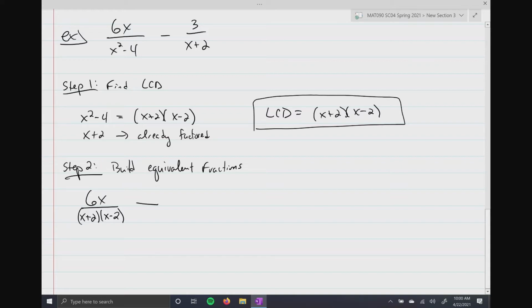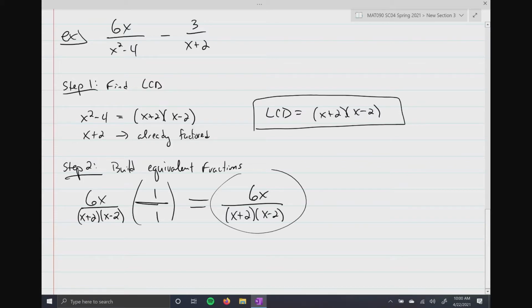Now, I need to multiply this by something so that my denominator is x plus 2, x minus 2. Luckily for us, we already have that. So I don't have to do anything. Therefore, it just stays the same.